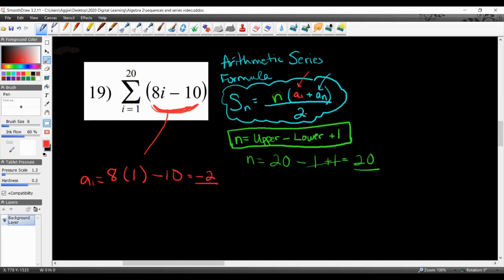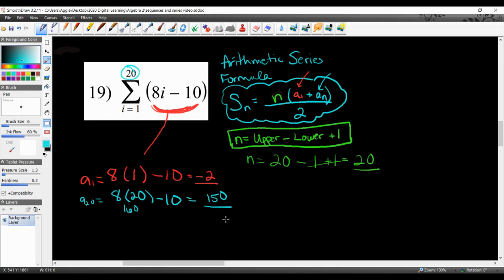A sub n depends on the top number. So in this case, I'm going to look at the 20 that I have up here. I'm going to use 20 to find a sub n. So a of 20 is going to be 8 times 20 minus 10, which is the same as, 8 times 20 is 160, and 160 minus 10 is 150.